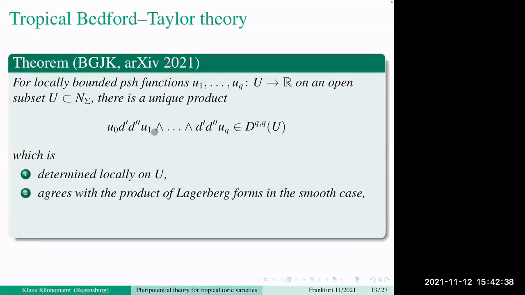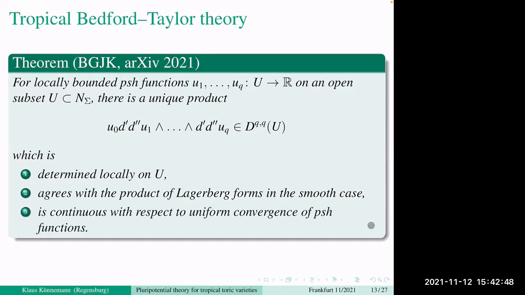Then if your functions are smooth, then of course the d prime, d double prime of your function is a smooth form, and you can multiply these smooth forms. And then you want that the formation is continuous with respect to uniform convergence of PSH functions. Now if you remember that our PSH functions are locally monotone limits of smooth PSH functions, you see that these conditions determine the product uniquely.